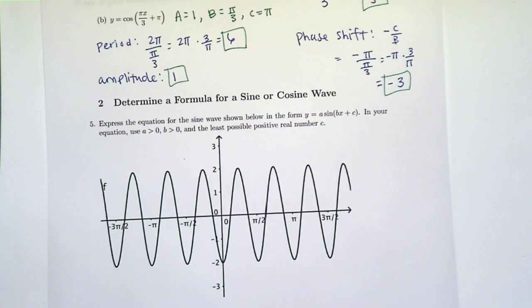So here is our graph, and we have to determine how has this been shifted, what's the amplitude, all of these things. So before we get started, we know it's a sine curve, and so I like to go ahead and figure out what's one period, where does it start and where does it end.